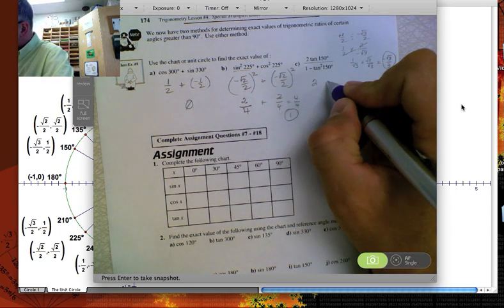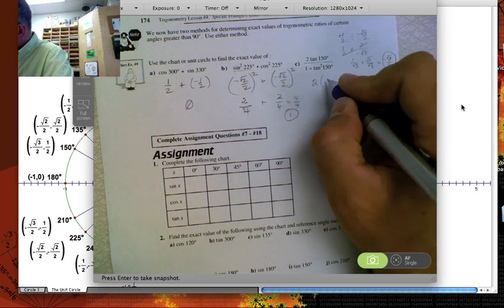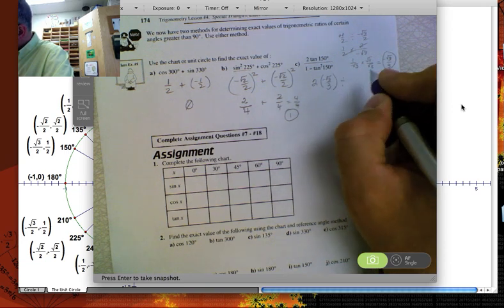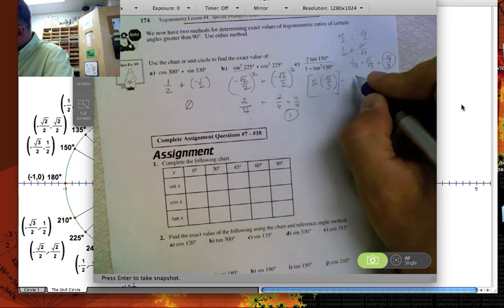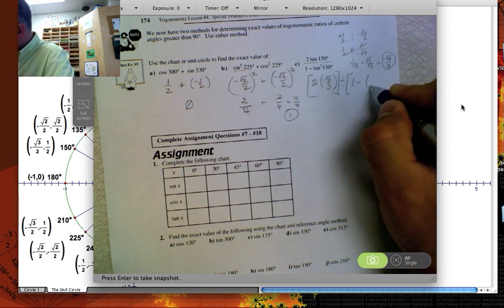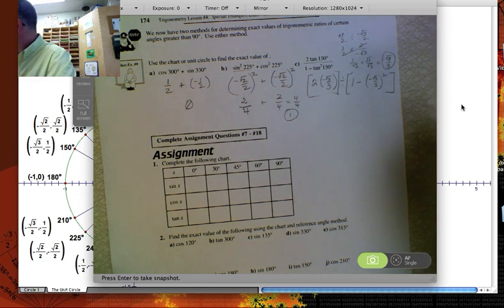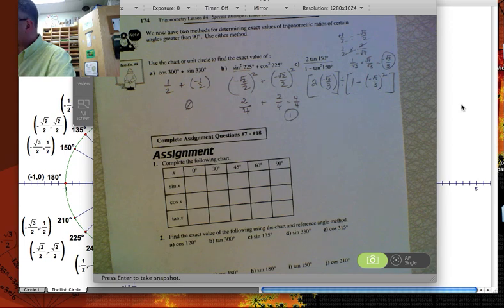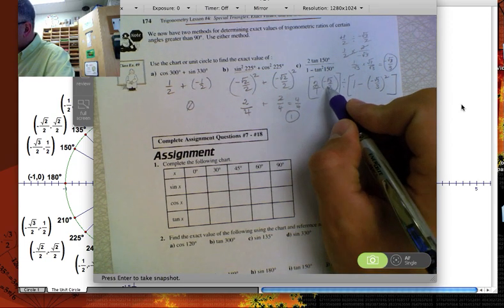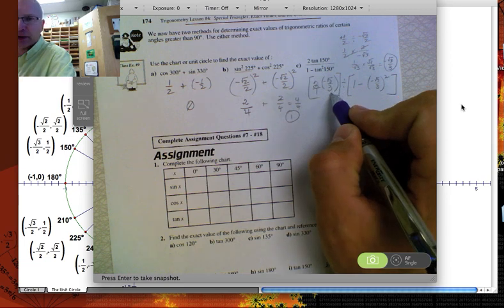So this says take 2 and multiply it by -√3/3 and divide that by 1 minus the tan of 150 squared. So that's -√3/3 squared. So if we work this out, if we multiply this out, this is 2 over 1 times -√3/3.